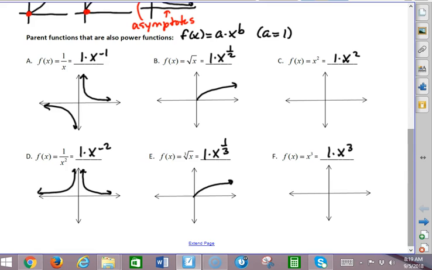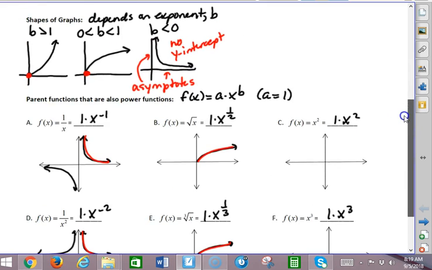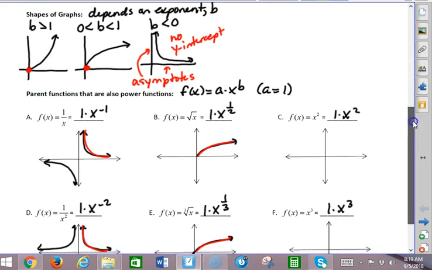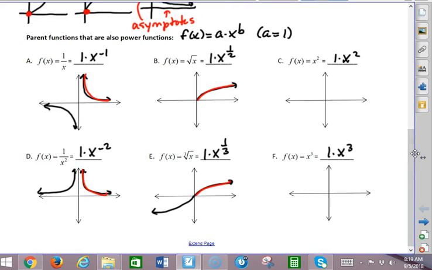The square root of x is undefined for negative x values, but the cube root function then continues on like this. So we're seeing this characteristic shape in quadrant 1 that we saw above. The last group has exponents greater than 1, so they have the upward shape like this.